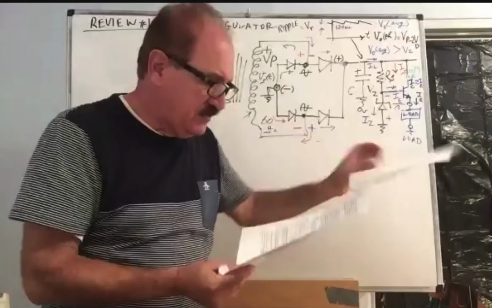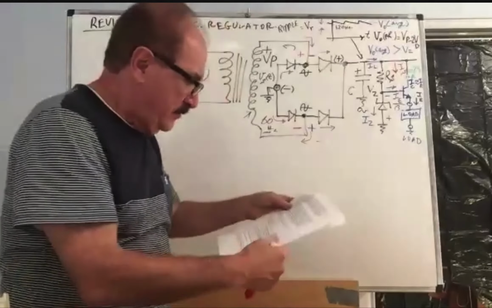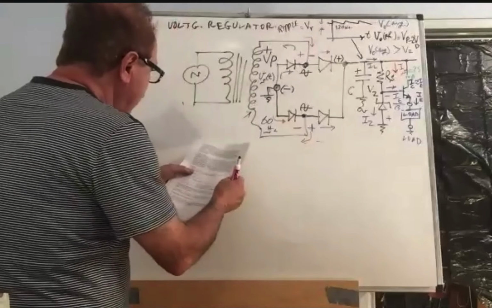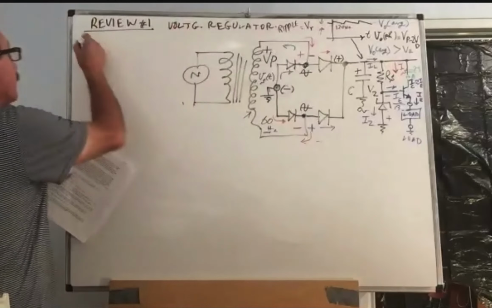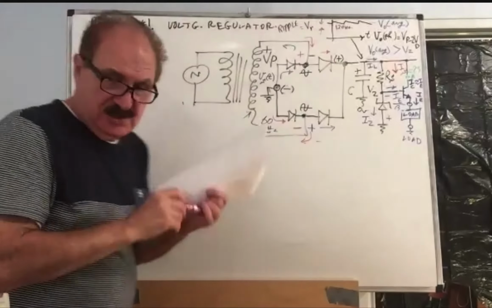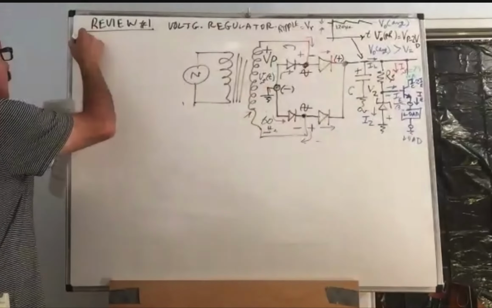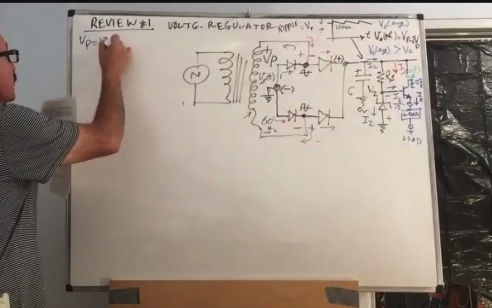Example, here. It says, given that VP is 13 volt peak.